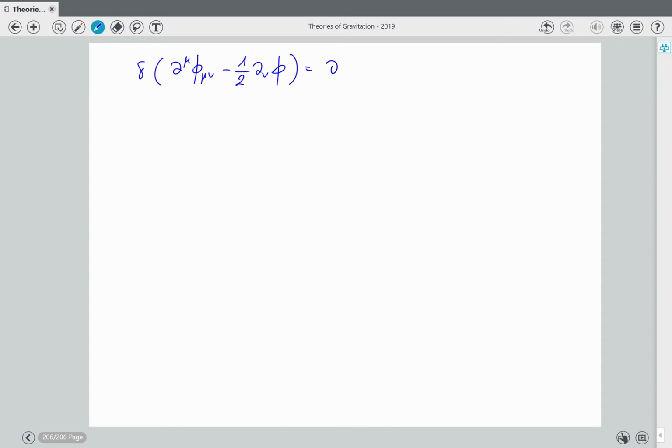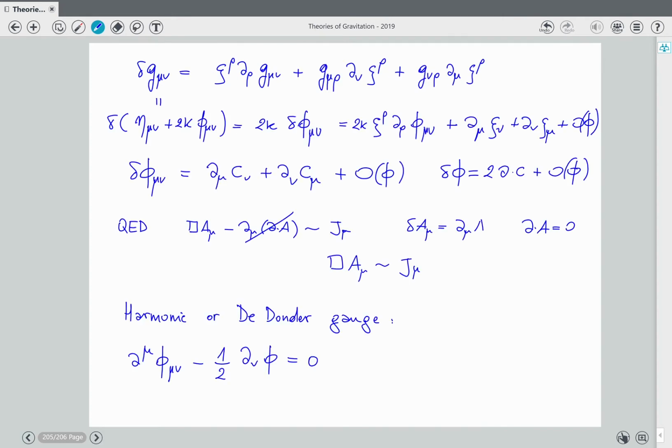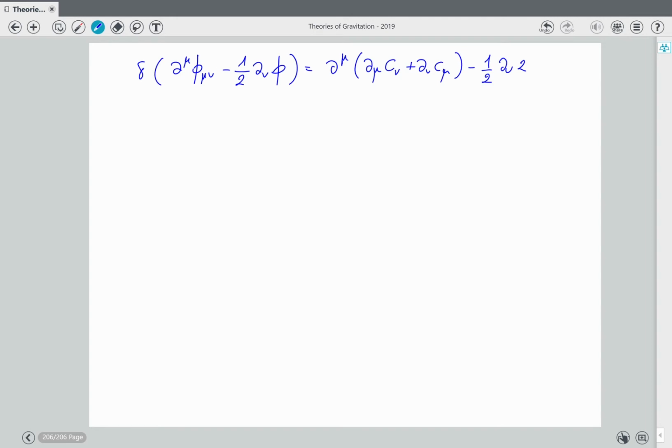So this variation is partial mu times partial mu C nu plus partial nu C mu minus 1/2 partial nu times the variation of the trace, which is 2 times the divergence.